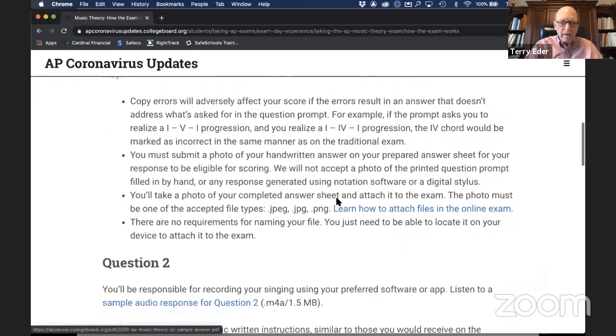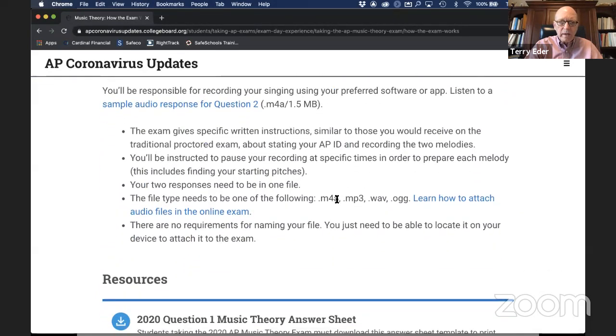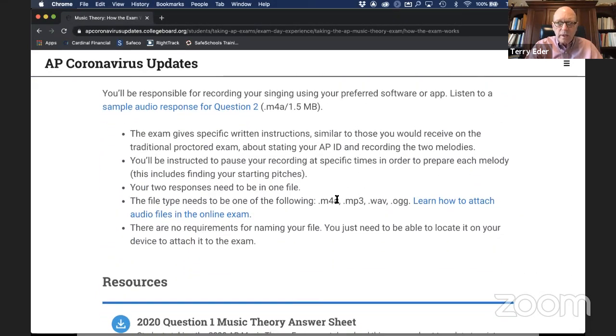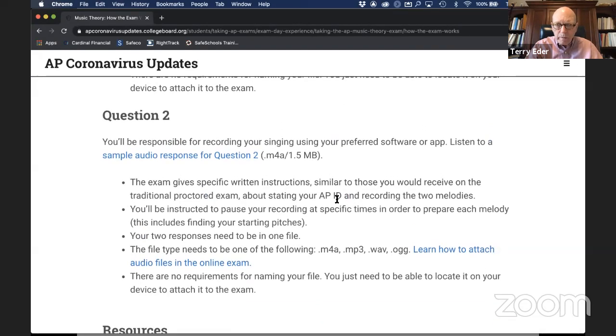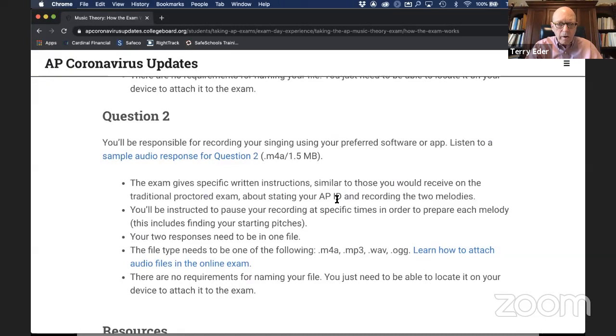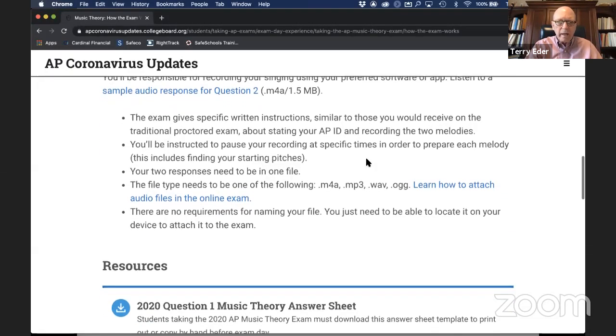And then question 2 gives you specific instructions using your preferred software or app. And here are the instructions about the recording itself. You'll be instructed to pause your recording at specific times in order to prepare each melody. And this includes finding your starting pitches and so on.